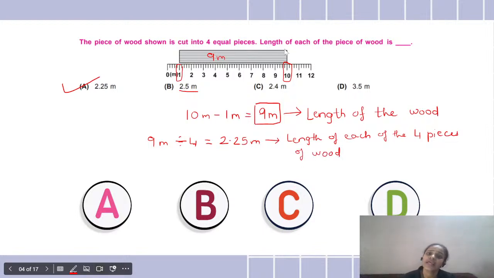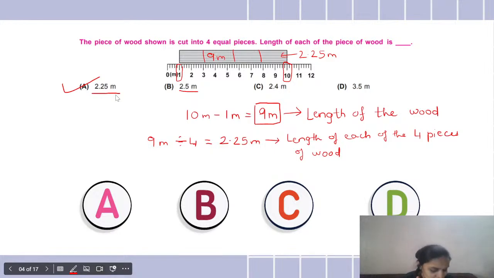So I will divide this whole into 4 equal pieces, so how much will I get for one piece? 2.25 meters. Okay, so the correct answer is option A. Correct answer is option A. So children, carefully read the question.